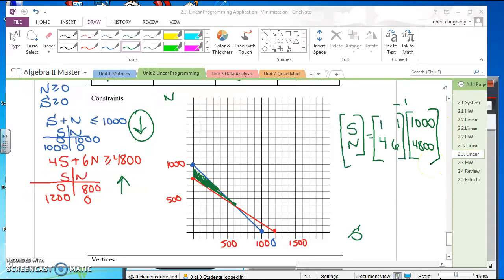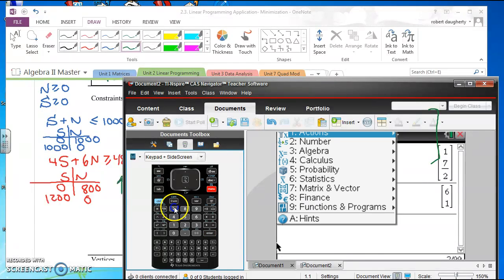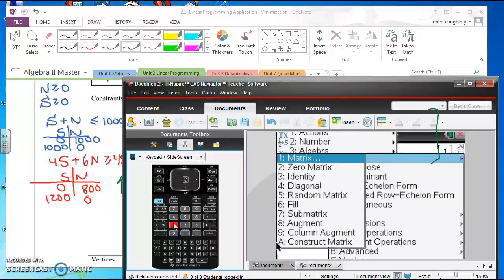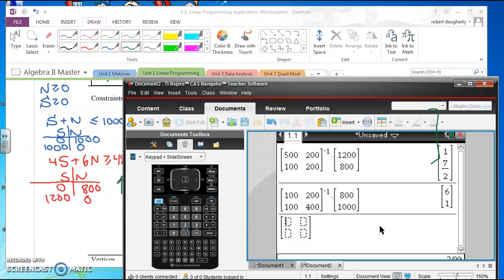So I can do that real quick on my calculator. So let's go over and do that. That's menu. I'm going to create a 2 by 2 matrix. So I'm going to have 1, 1, and then 4, 6.